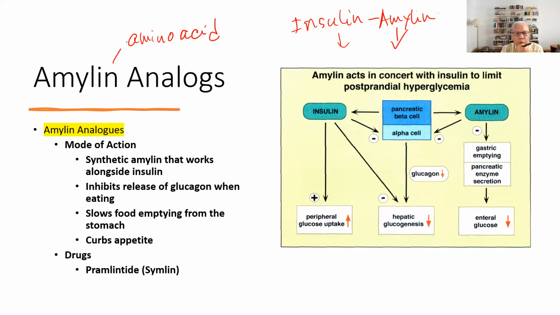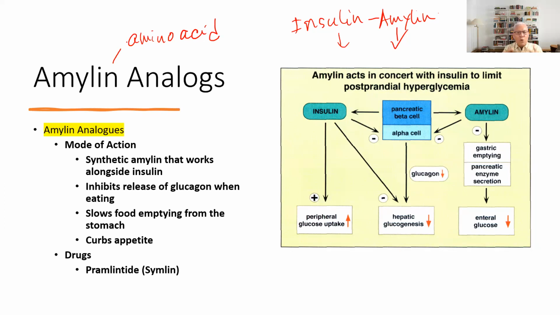And what does it do? Well, the hormone amylin assists insulin in controlling post-meal glucose levels. And how does it do that? It inhibits the release of glucagon, and also it slows down the emptying of food from the stomach.